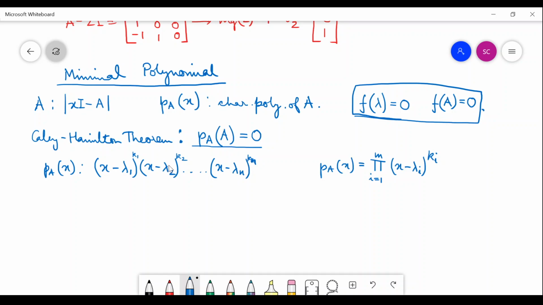Then I am asking the question, can I take (x minus lambda 1) to the power of 1, others remaining same, and then also the matrix A will satisfy this equation?